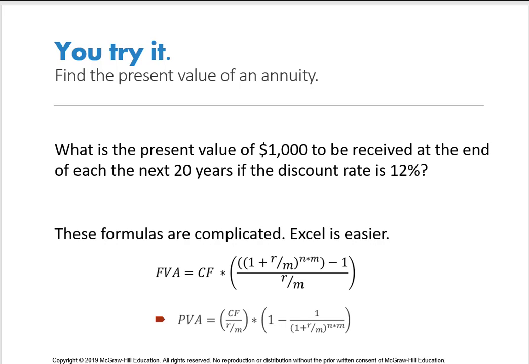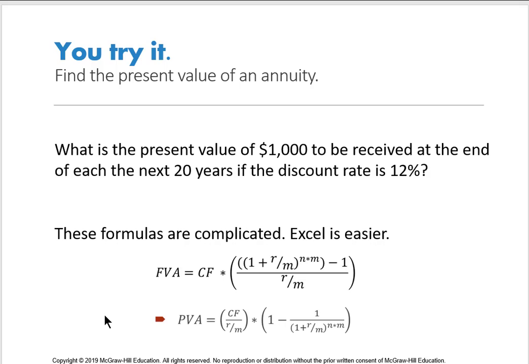So in this case, what's the present value of $1,000 invested at the end of each of 20 years if the discount rate is 12%? You want to know the present value. Plug that in here and you'll see what that value is.